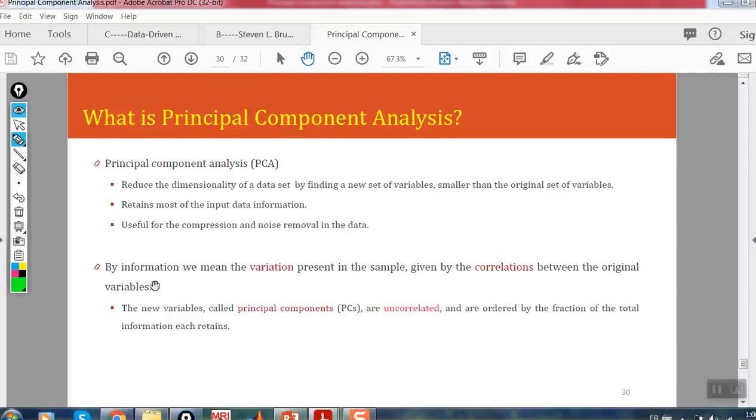Then by information we mean the variation present in the sample given the correlation between the original variables. The new variables are called principal components, and they are uncorrelated and are ordered by the fraction of the total information each retains.